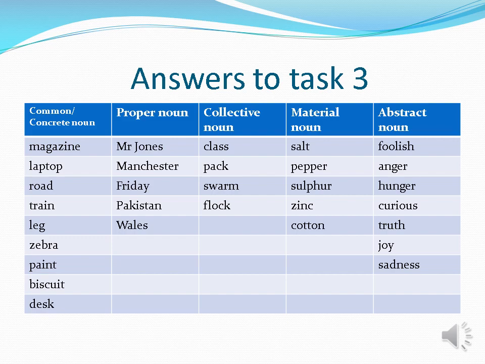Okay, so hope you got all of these correctly. So as you can see, common concrete nouns, all the ones with the small letter, they were the ones with the highest number, 10. Then we had the proper nouns with the capital letter. You've got some collective nouns there, such as class, pack, swarm.